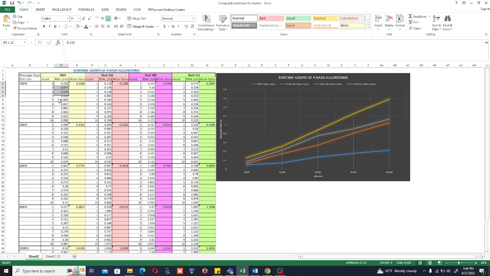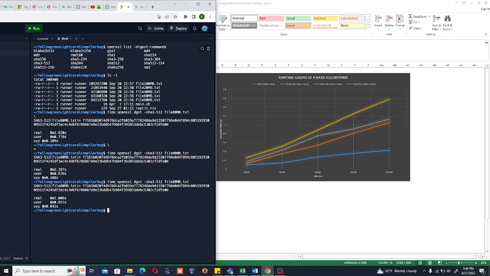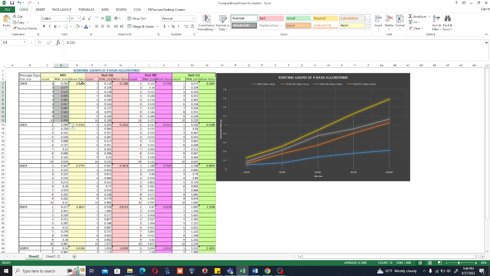This provides the various real times, and the mean value is the summation of all the 10 timestamps divided by 10.